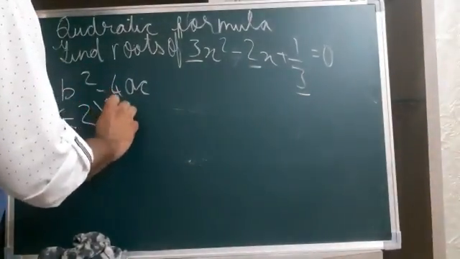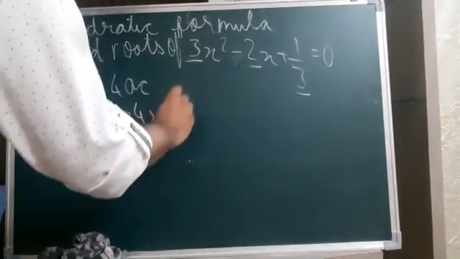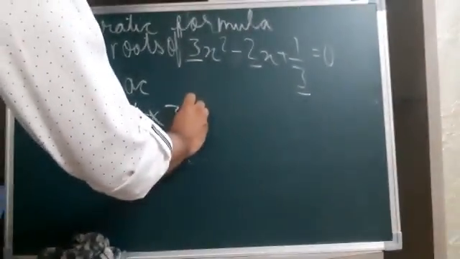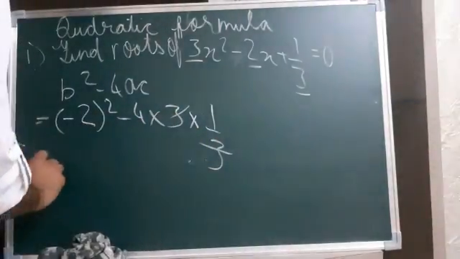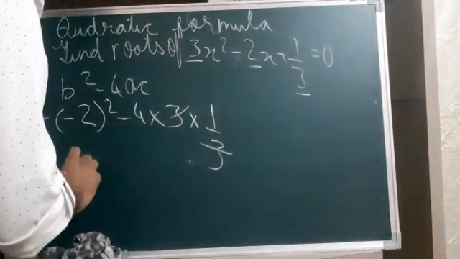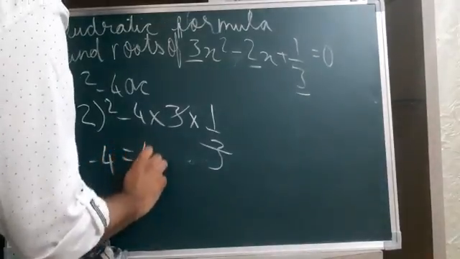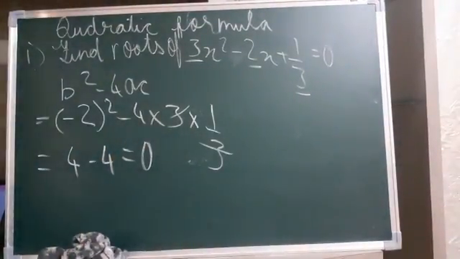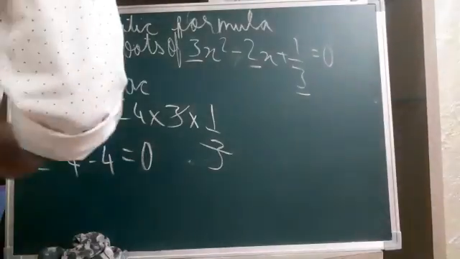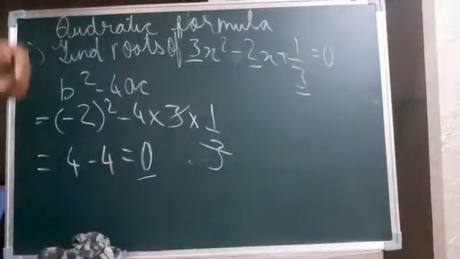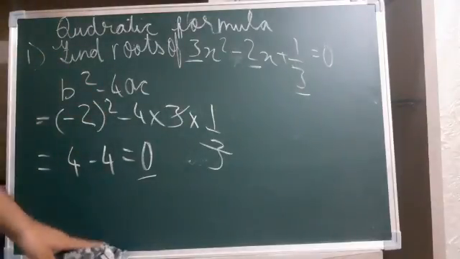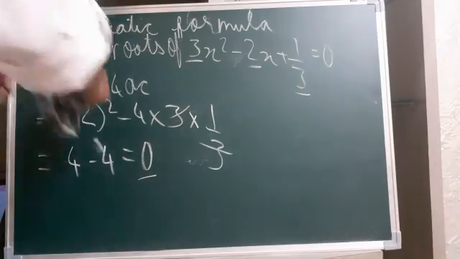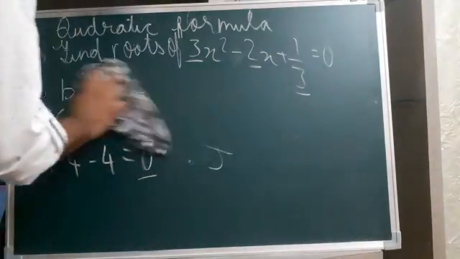So minus 2 square minus 4 into a, which is 3, into c, which is 1 by 3. This becomes 4 minus 4, which is equal to 0. So 0 means equal and real roots. The two roots of the equation will be equal and real.